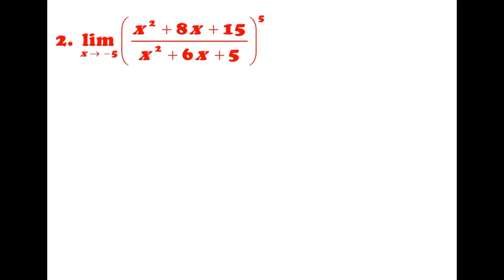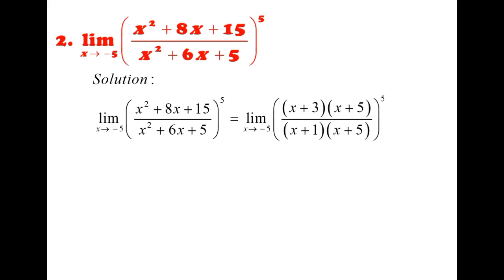We have the limit of the quantity x squared plus 8x plus 15 all over x squared plus 6x plus 5, raised to 5, as x approaches negative 5. The first thing that we should do is manipulate everything. If necessary, we could factor before we apply the limit.